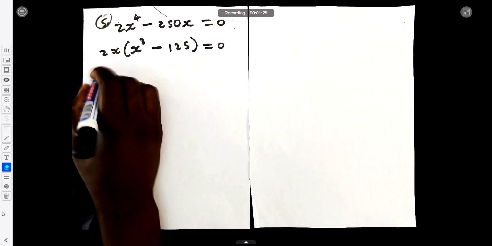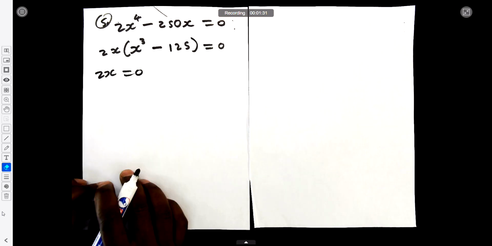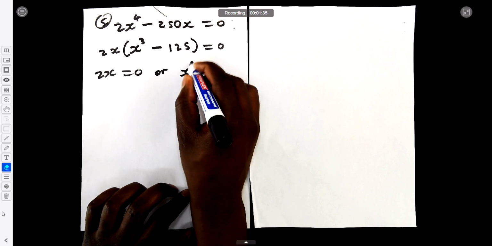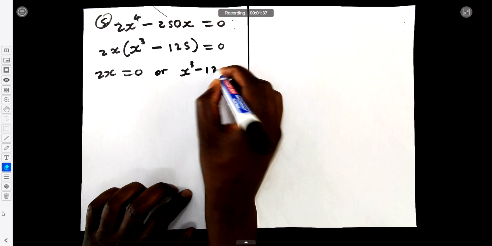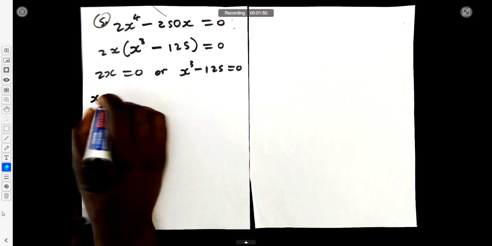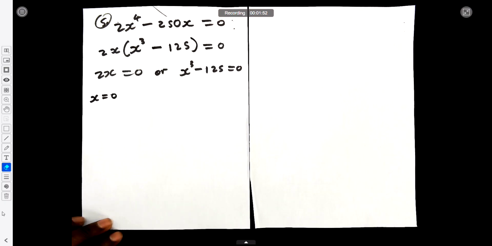So we can equate the factor 2x equals 0, and the other factor x cubed minus 125 equals 0. We check it first here. So now we know that the first part, x is equal to 0, because we divide 0 by 2.